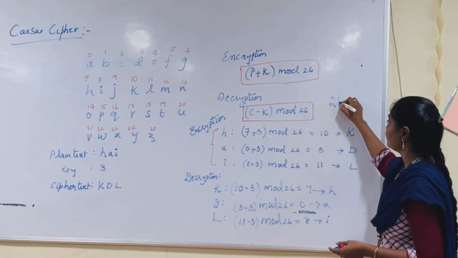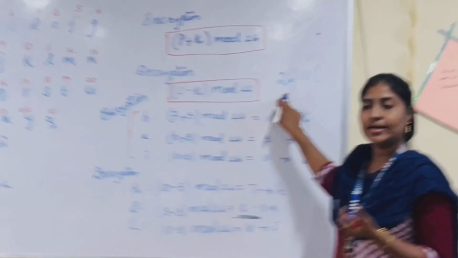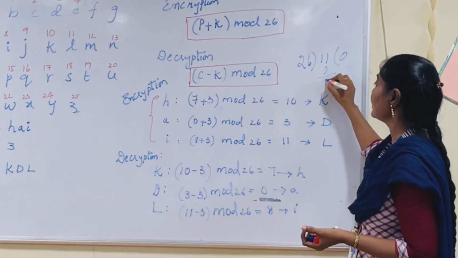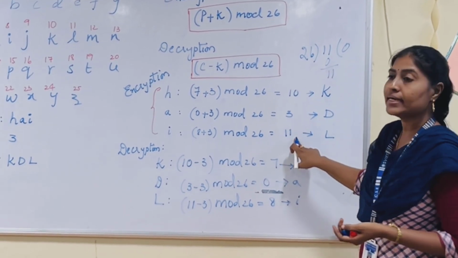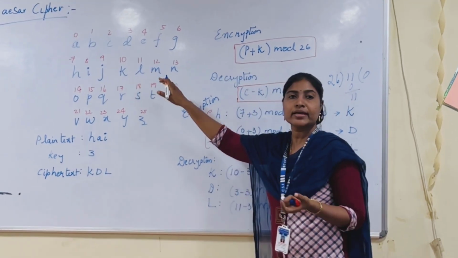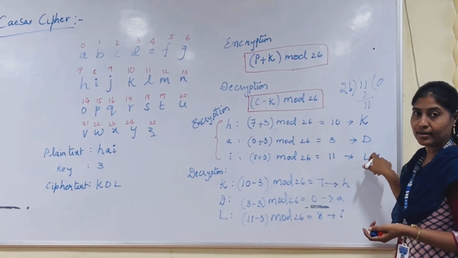As 11 is already less than 26, 26 is multiplied with 0 and the remainder is 11. Now the letter related to 11 is L. We follow the notation of capital letters for ciphertext, so we represent L.